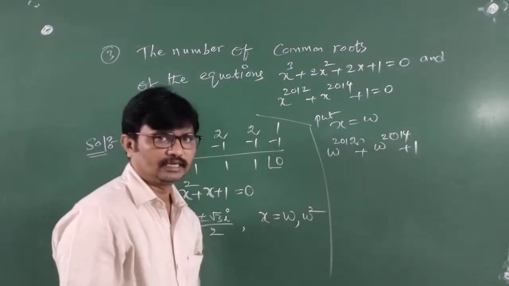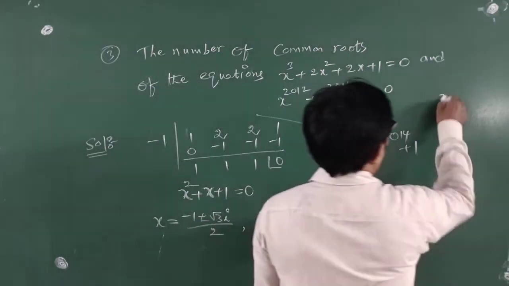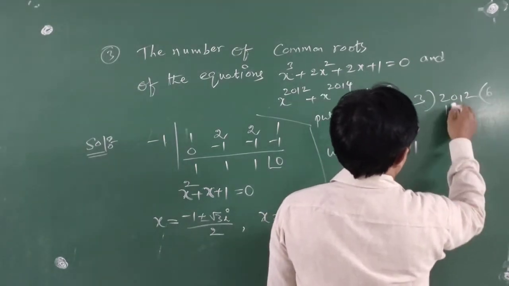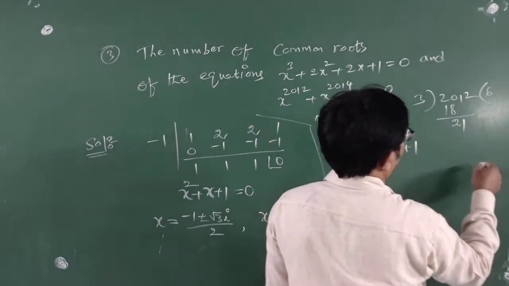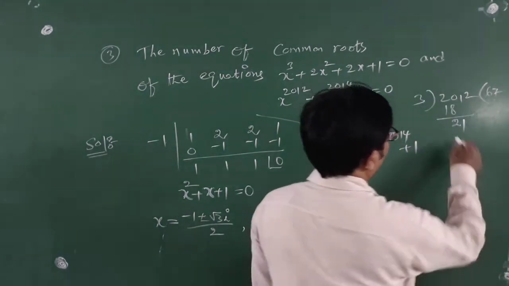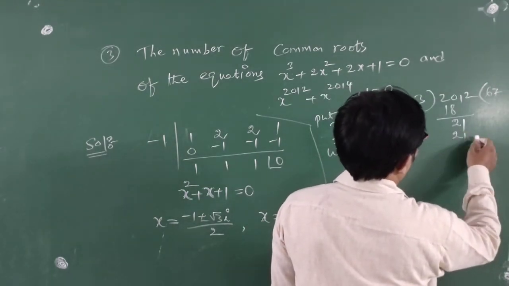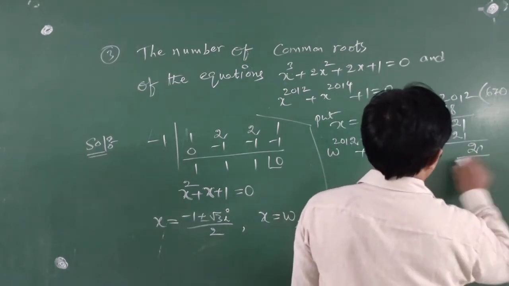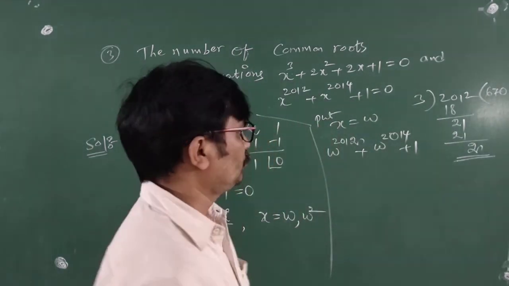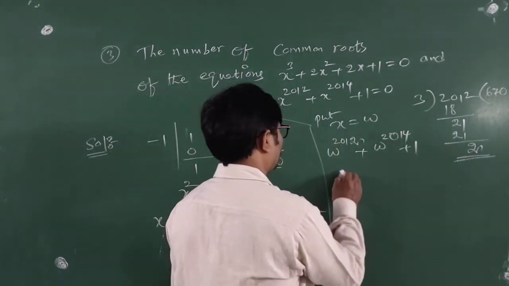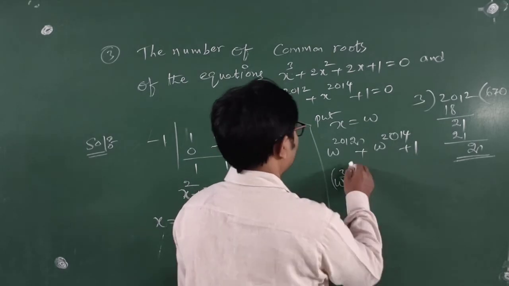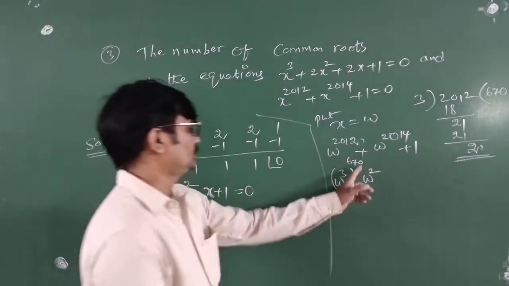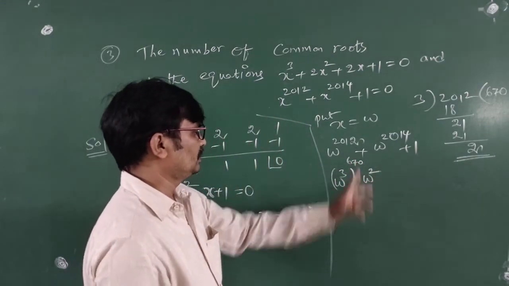We have to divide 2012 by 3: 3 6s are 18, 3 7s are 21. So we can write this as omega cube whole power 670 into omega square.